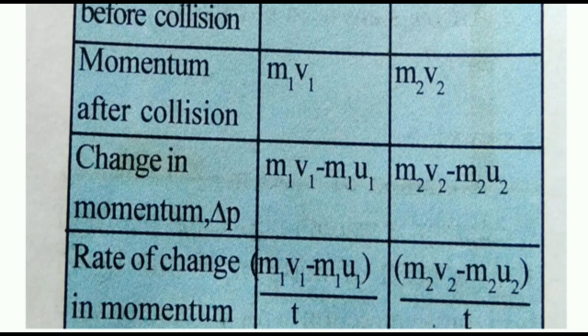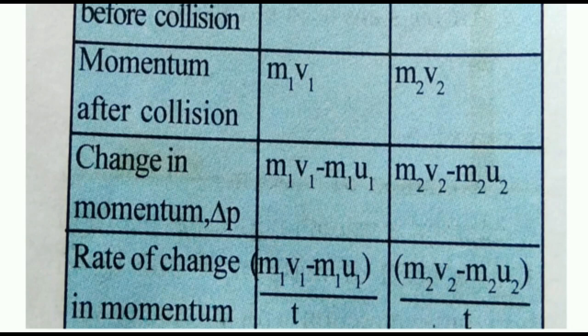For marble 2, momentum before collision is m2u2. For marble 1, momentum after collision is m1v1. For marble 2, momentum after collision is m2v2.